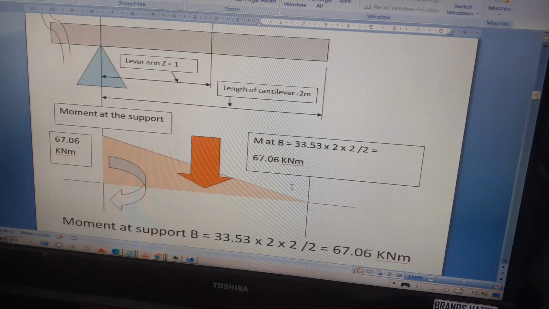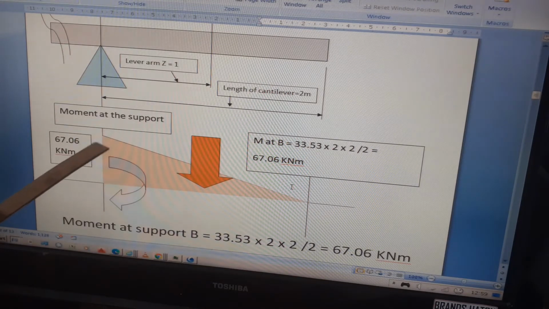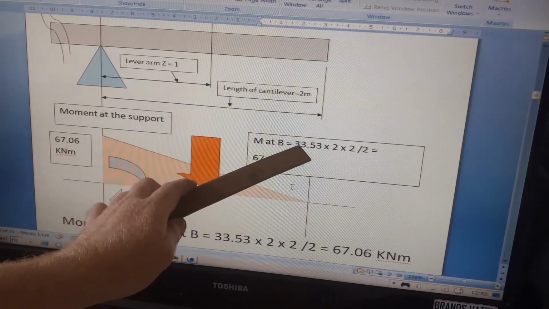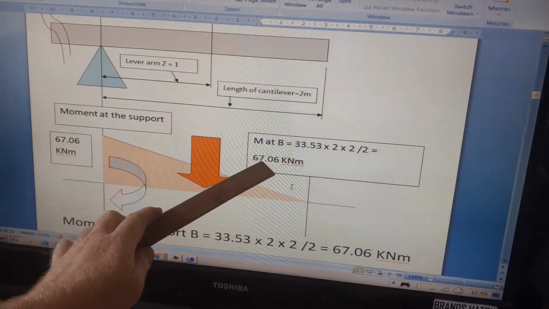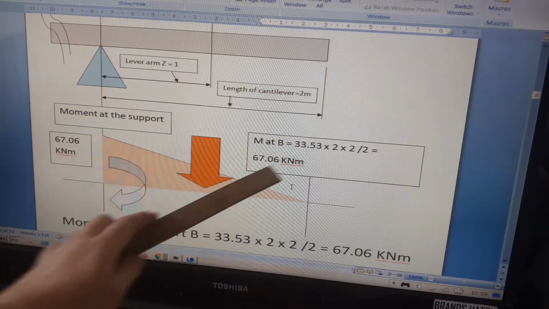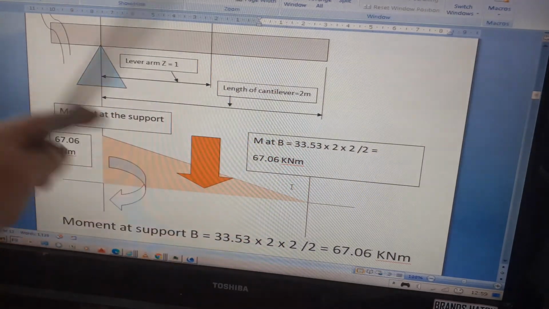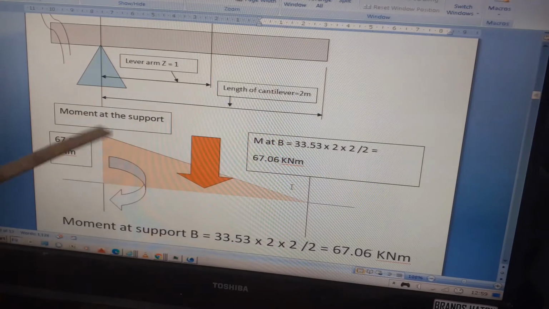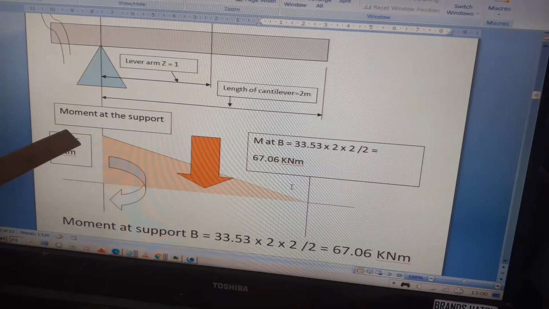So very simple. Basically, the moment at the support is simply 33.53 times 2 times 2 over 2, and that gives you 67.06 kilonewton meters. So it's a clockwise moment applied at B. We really should have a minus sign, but I'll just leave it as a positive sign.